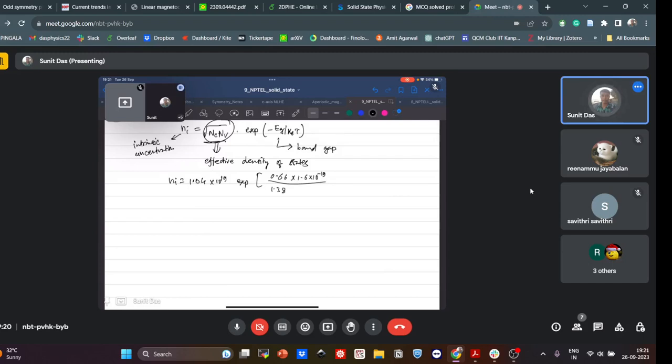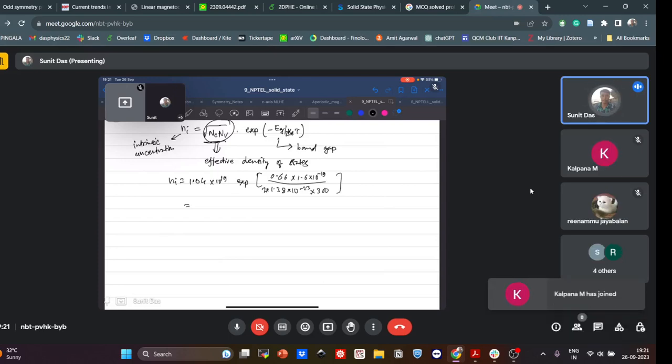Okay, so I missed a 2 here, 2 kBT. And T is 300 Kelvin. So if we calculate this, Ni comes out to be 3 into 10 to the power 13 per cm cube. This is the answer.